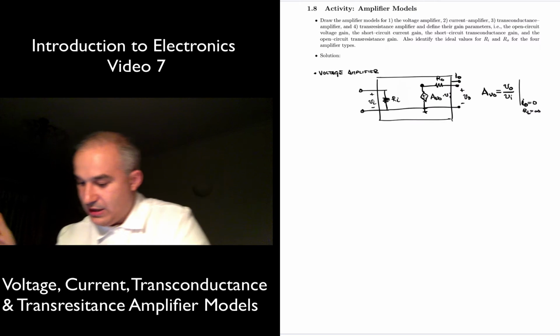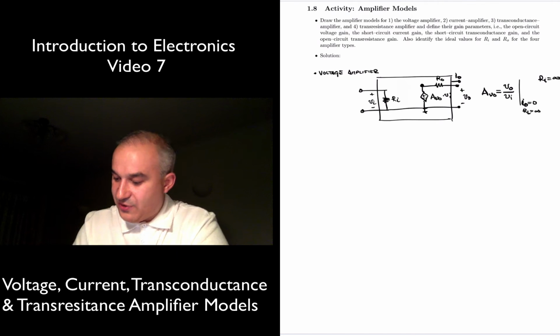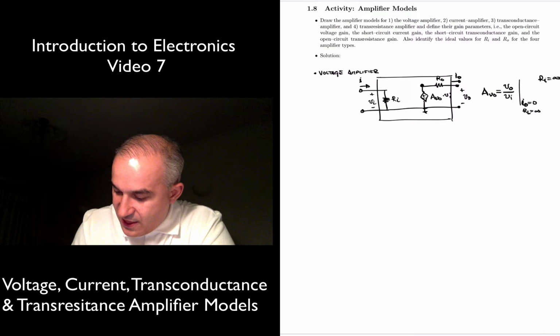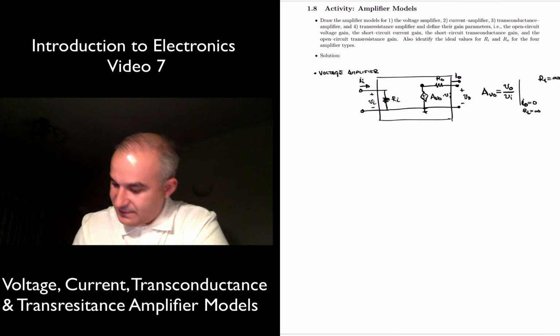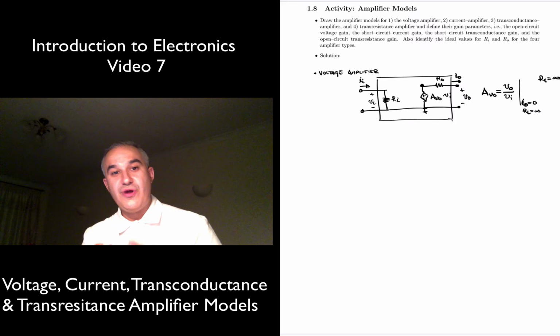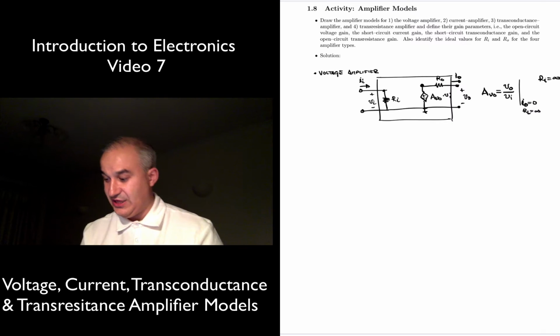Okay. Now, in this amplifier, the ideal characteristics, it says here, also identify the ideal values of Ri and Rout. We want an Ri which is infinity, and that's because if we have an input impedance of infinity, the input current, Ii, will be 0. We are not drawing any current, therefore we are not going to have any loading effects at the input stage.